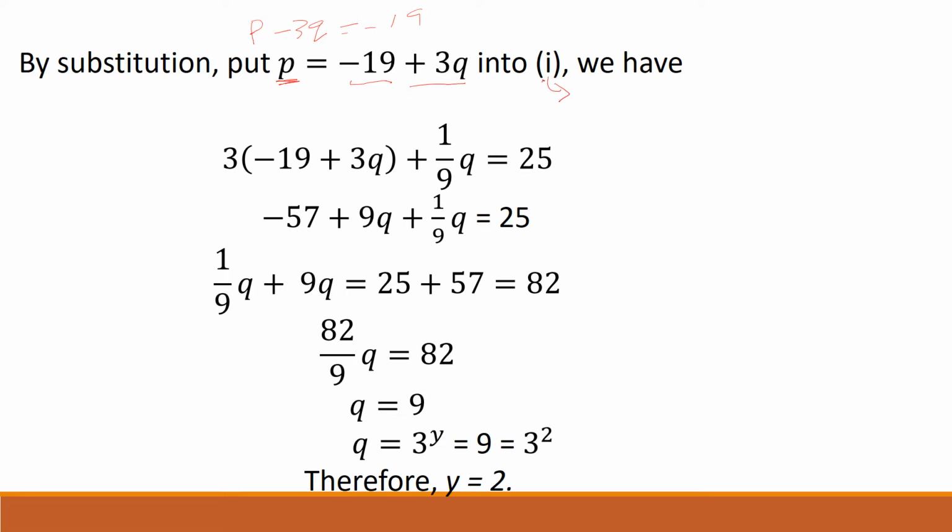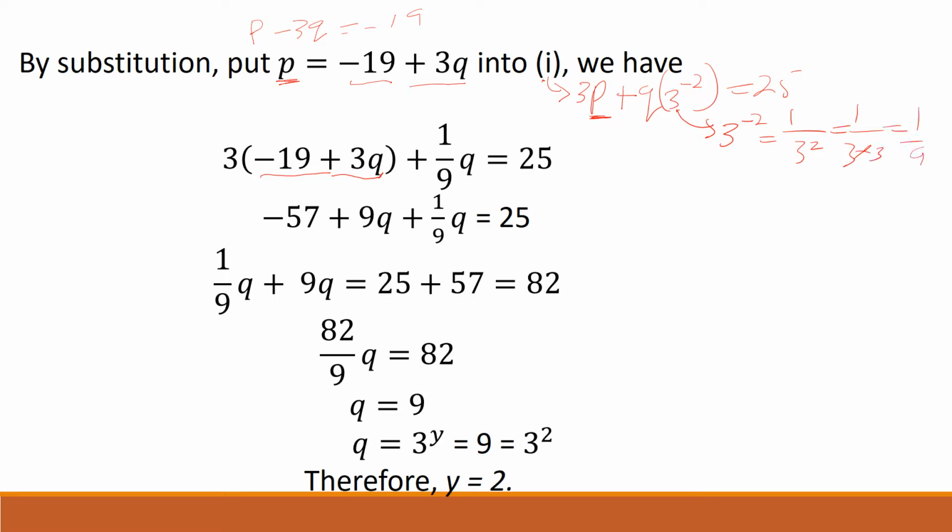My equation 1 is 3p plus q times 3 raised to power minus 2 all equal to 25. Okay, so in place of p now, I'm going to put minus 19 plus 3q. And then I'll simplify this further: 3 raised to power minus 2 is the same as 1 over 3 raised to power 2, which is equal to 1 over 3 times 3, and is equal to 1 over 9.